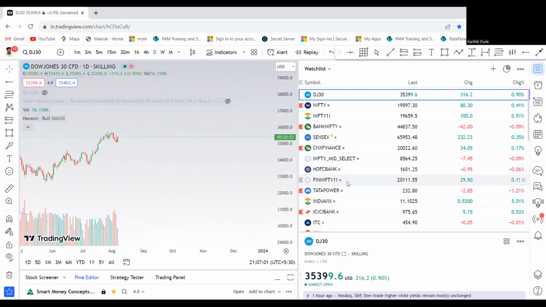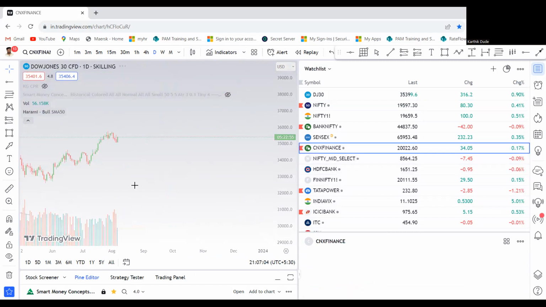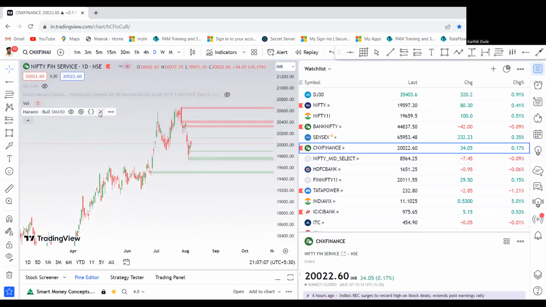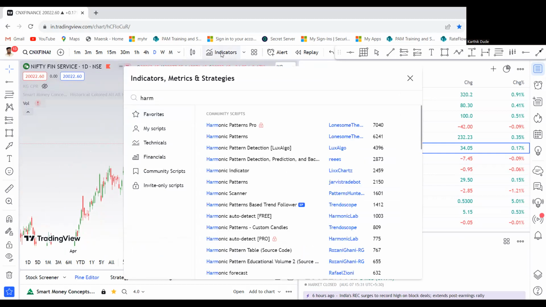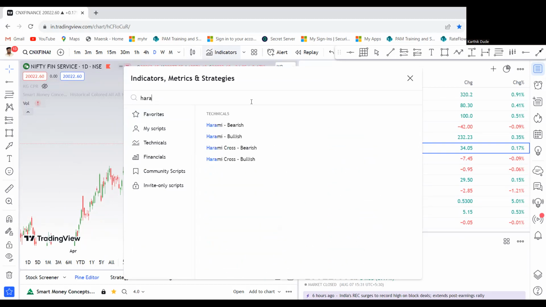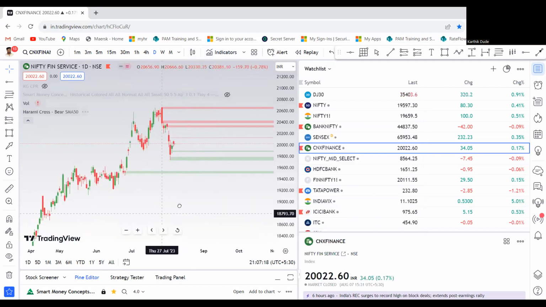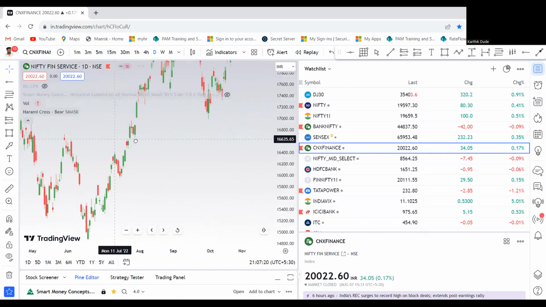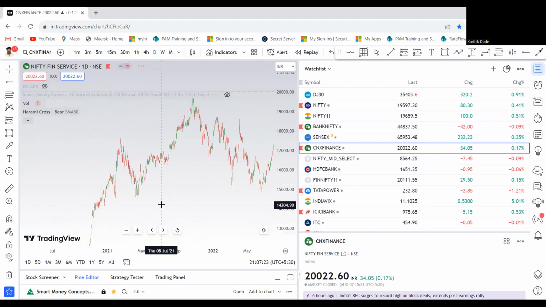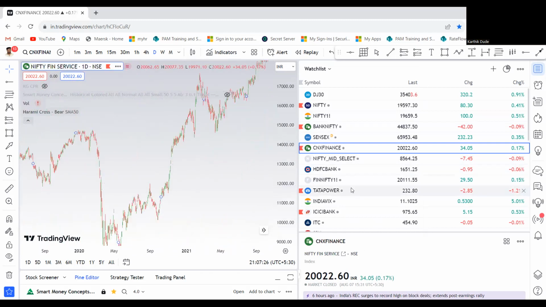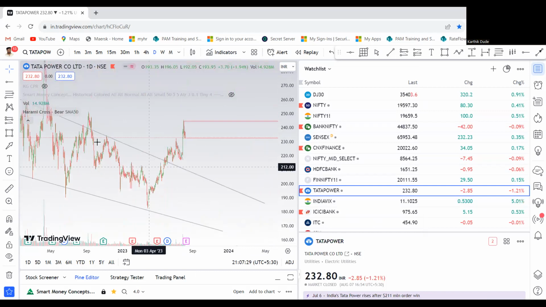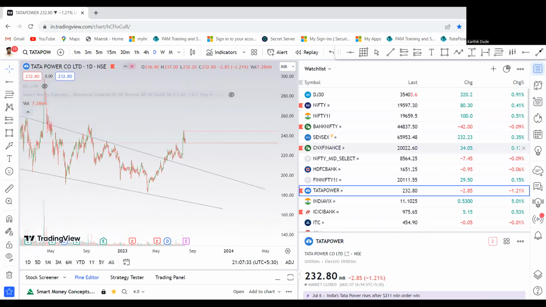Maybe I'll check some other chart. If I am able to find it, I'll post it in the next video. Maybe let's try one last time. Okay, it's missing. Maybe I'll try to locate it in some other chart and let you know, guys.